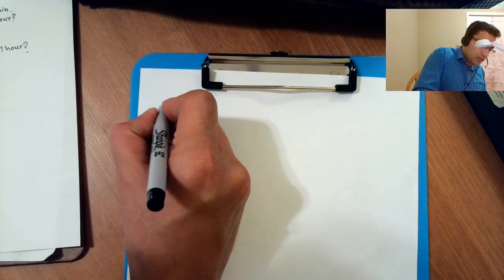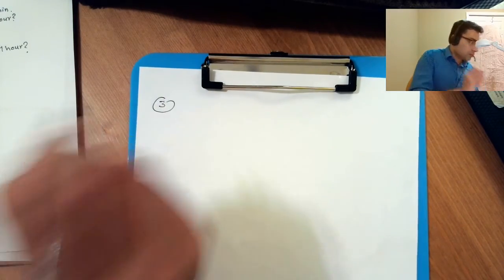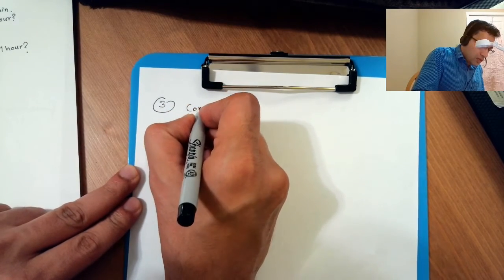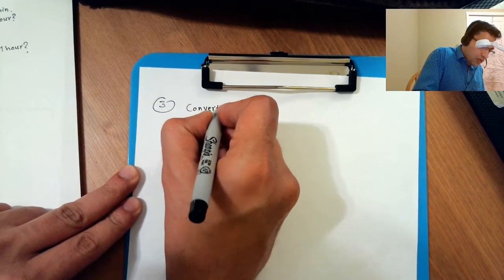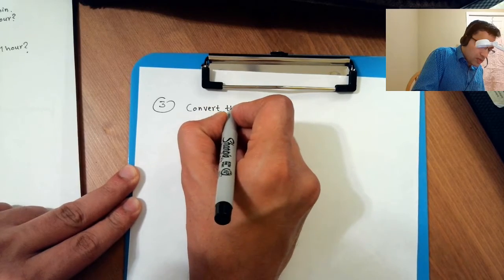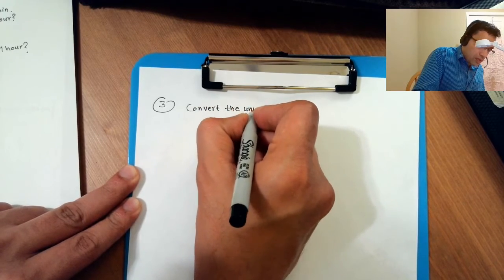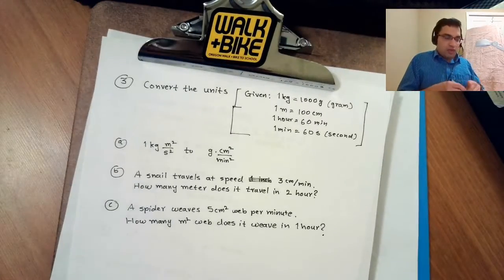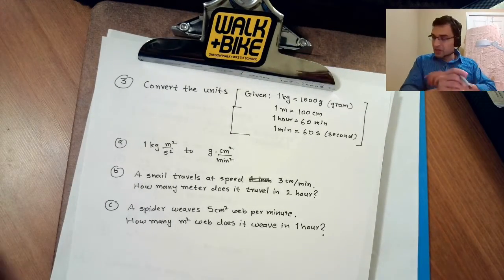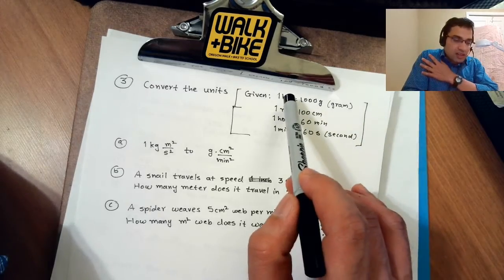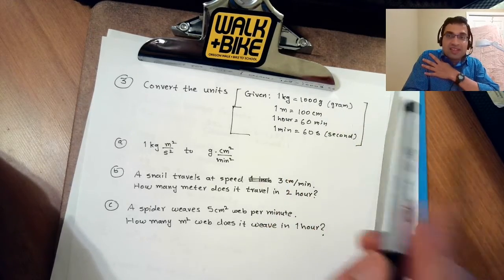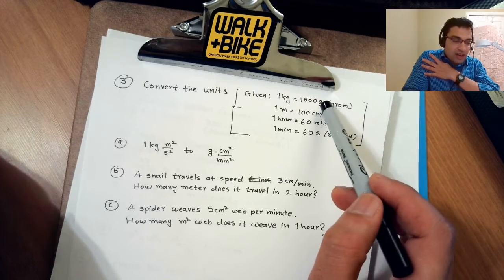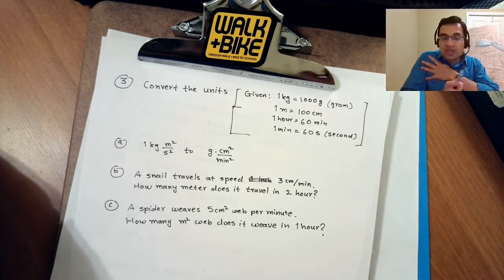Number 3, convert the units. And what's given here? Remember our SI system? What's given here is 1 kilogram, which is in the SI system, equals 1,000 gram, and I write it here as g, lowercase g.